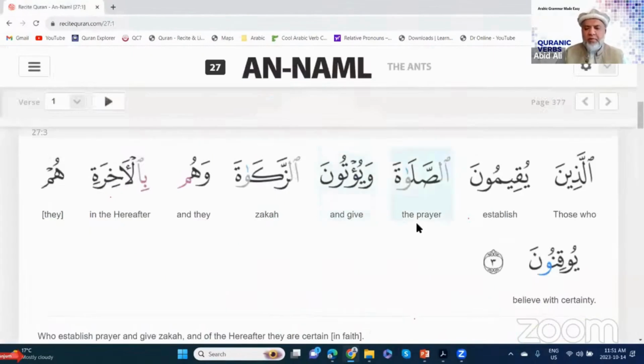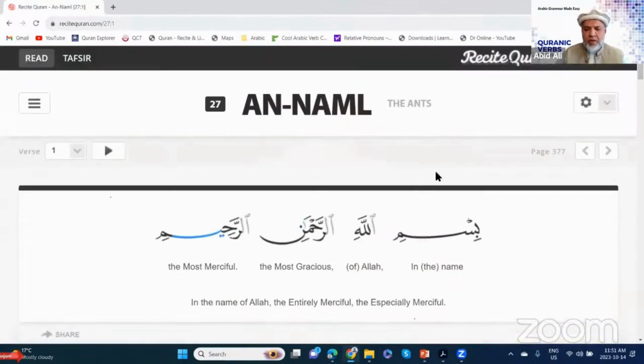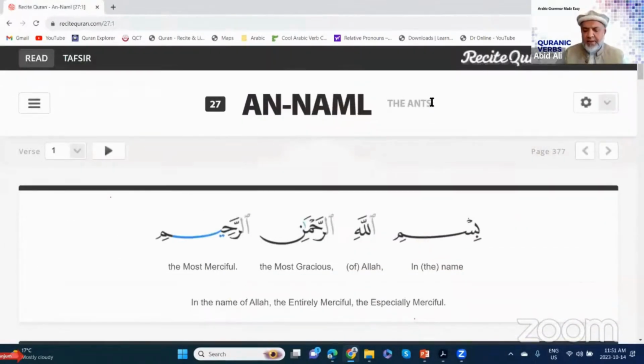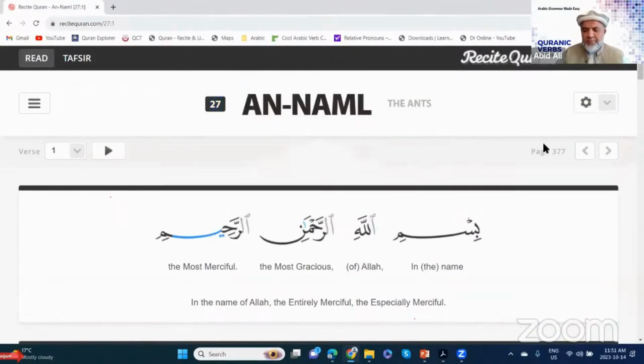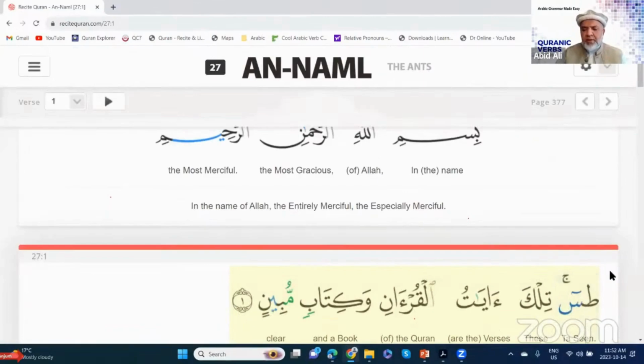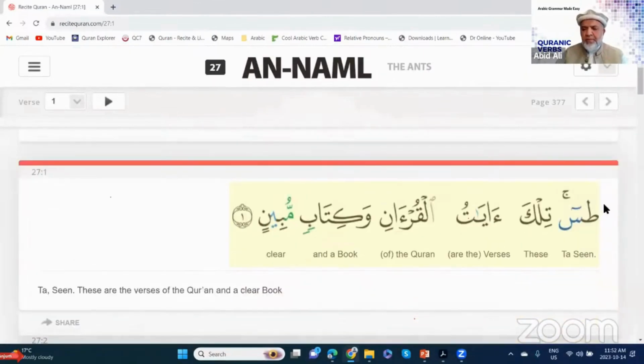Today I want to cover a few verses from Surah An-Naml, the ants. A'udhu billahi minash shaitanir rajim. Bismillahir Rahmanir Rahim. By the way, my tajweed is not perfect, but I'm focusing more on understanding the Quran, so forgive me if I mispronounce some words. I'm still learning, alhamdulillah.